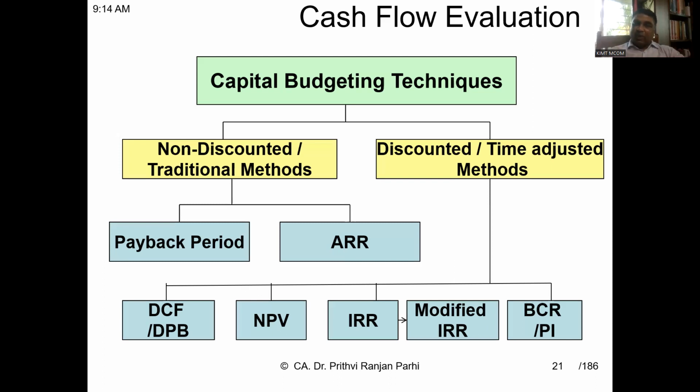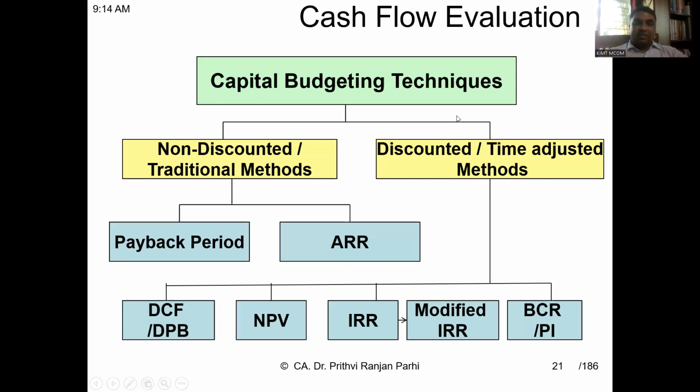Whereas the discounted methods include discounted cash flow, or discounted payback, net present value, and internal rate of return. There is a concept of modified IRR, and BCR, that is benefit cost ratio or profitability index. These are some of the methods through which we are able to take capital budgeting decisions.